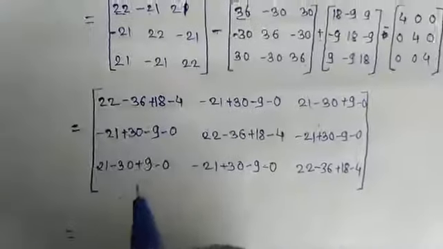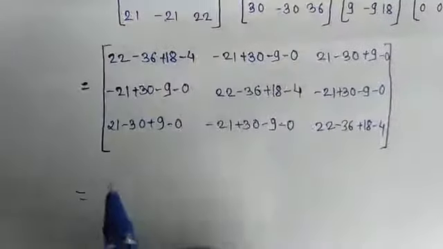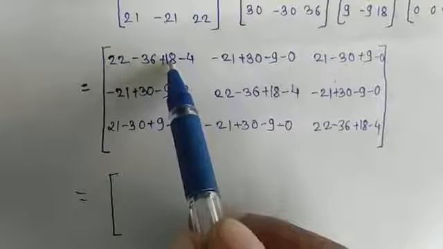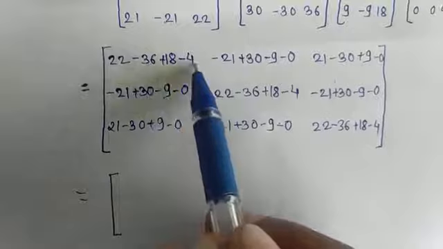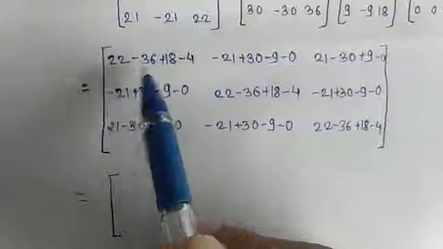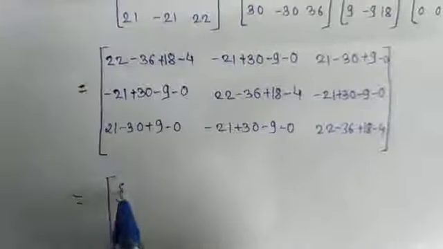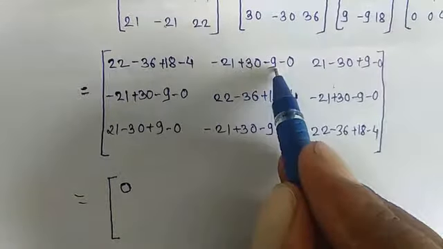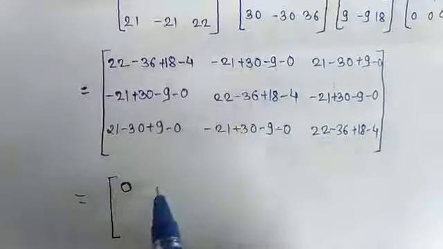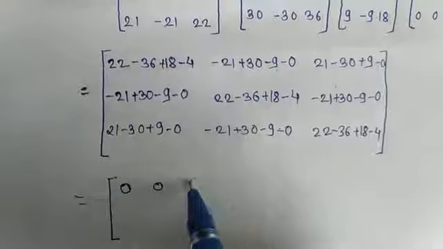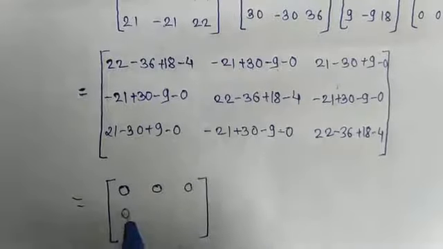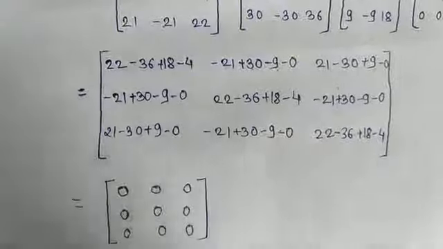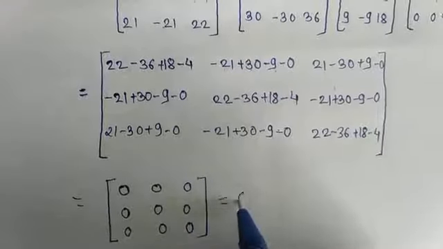So if we do the calculation for this, we get: first calculation is 22 plus 18 is 40, and minus 36 minus 4 is minus 40 also. It is plus 40 minus 40, which will be 0. Here also 30 minus 21 minus 9, which is minus 30, plus 30 is 0. After checking the calculation, if all the entries in this matrix are 0, then we can say that the Cayley Hamilton theorem is satisfied.